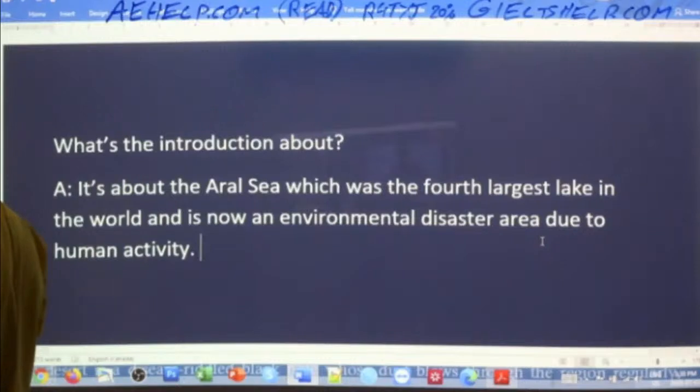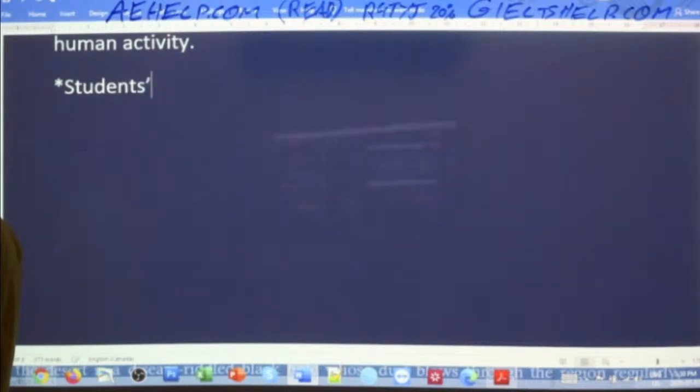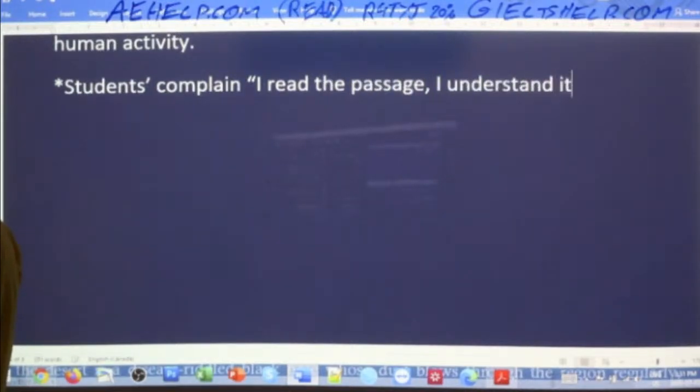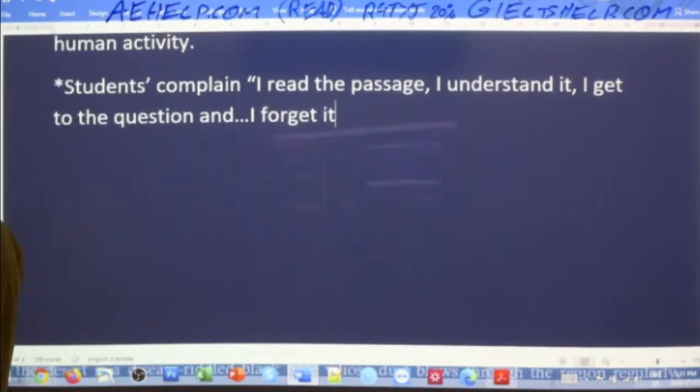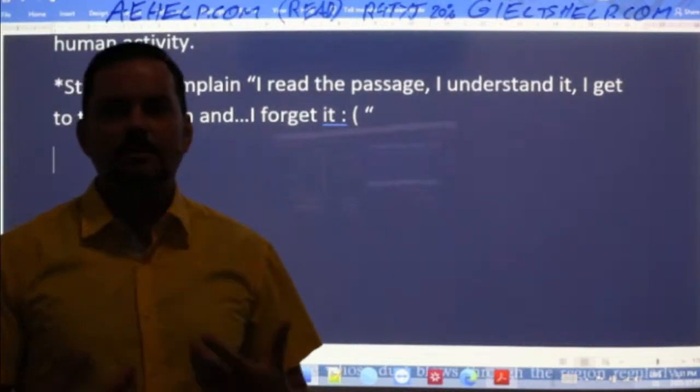So many times what happens is students complain, I read the passage, I understand it, I get to the questions, and I forget it. Sad face emoji. Okay, yeah, so how do you overcome that, right? Like, how do you stop that from happening?